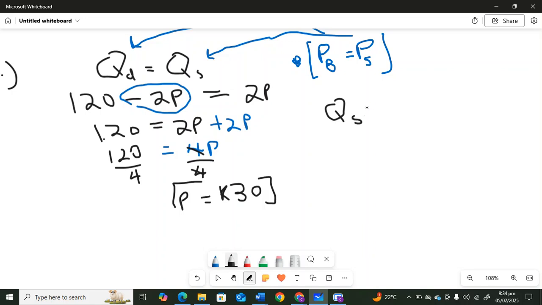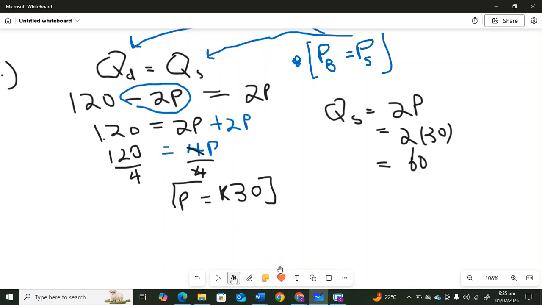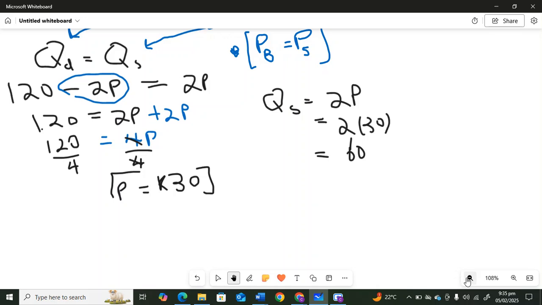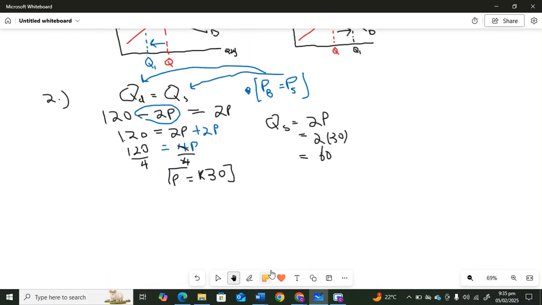QS equals 2P. So 2 times 30, you get 60 units. So the quantity demanded and the quantity supplied is 60 units.